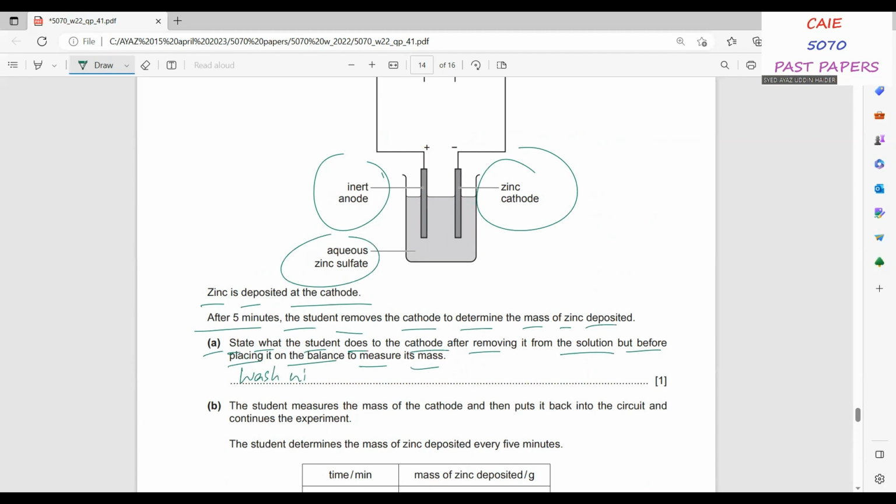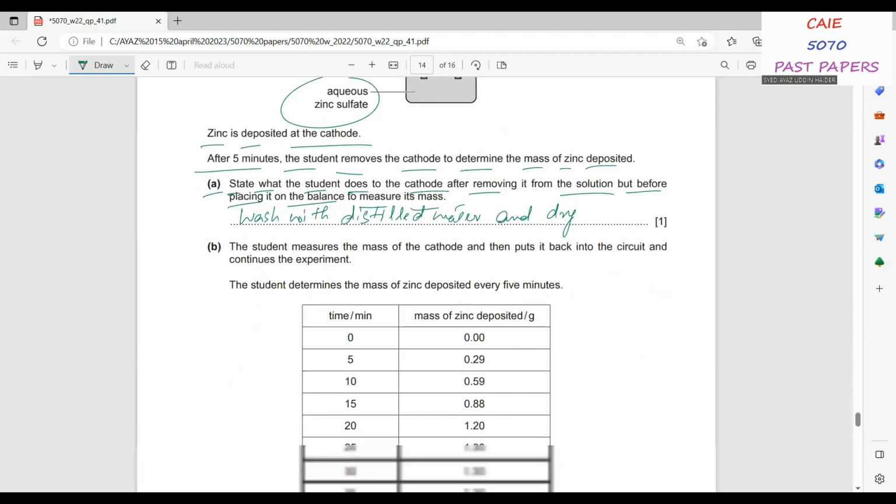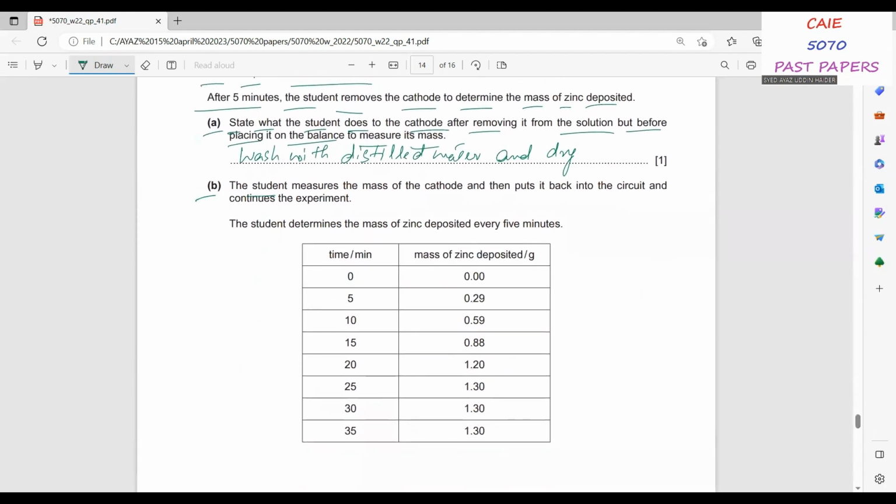Wash with distilled water and dry. The student measures the mass of the cathode and then puts it back into the circuit and continues the experiment.